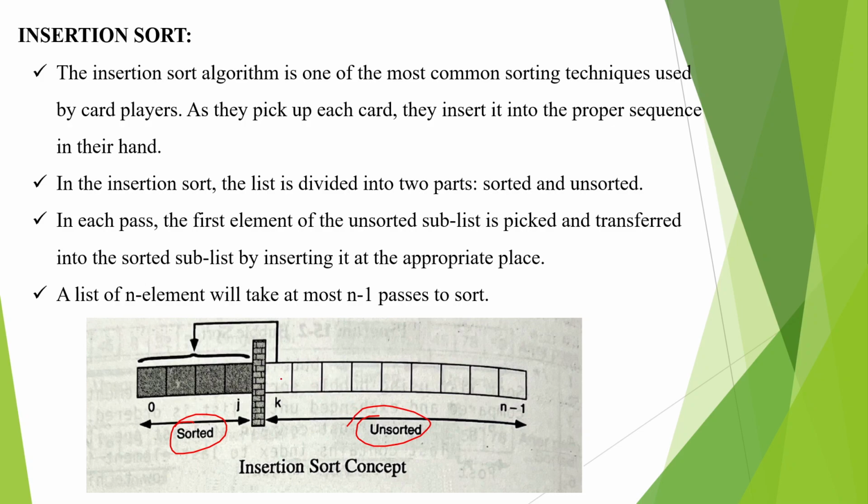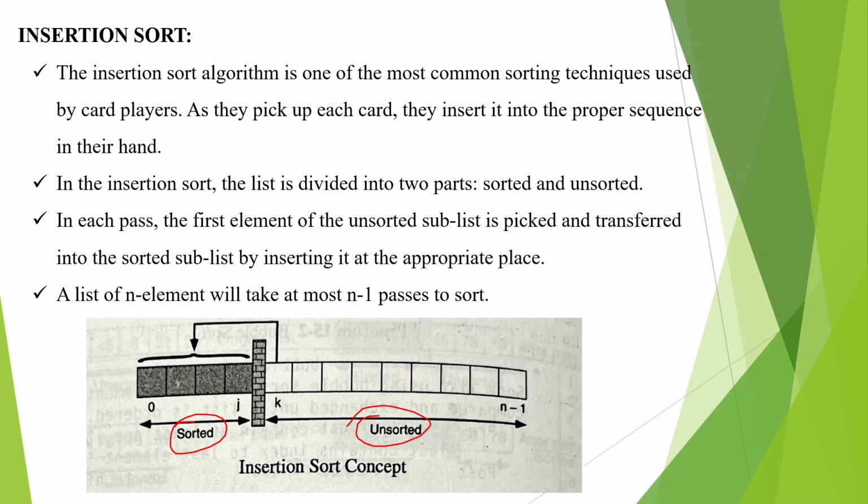Every time, we pick one element from the unsorted array and we try to push it into the sorted array. And how we do that, I'll explain. Just remember, every time we pick one element from the unsorted array and we try to push it into the sorted list. Unsorted list నుంచి ఒక ఎలిమెంట్ ని తీసుకుంటాము and sorted list లో పెట్టేస్తాం దాన్ని.